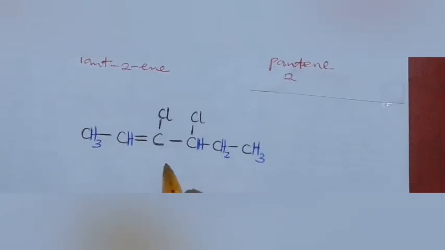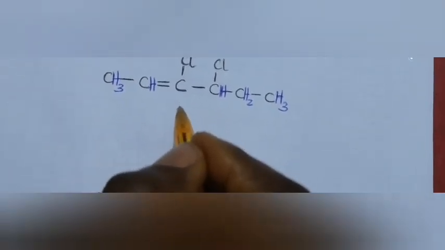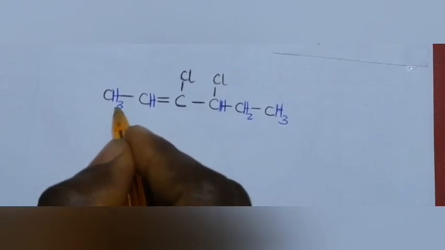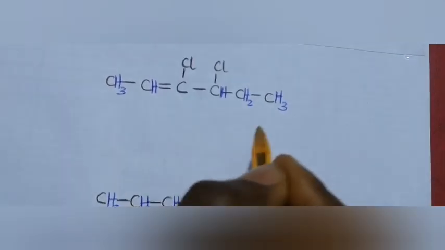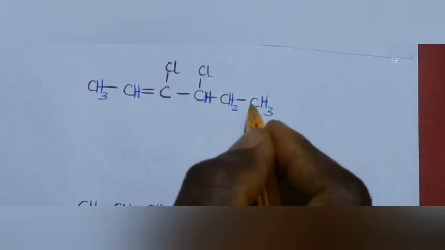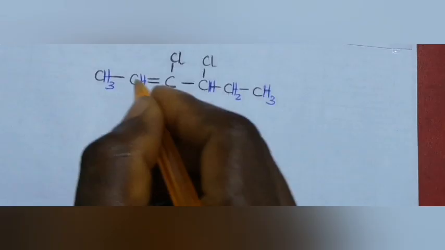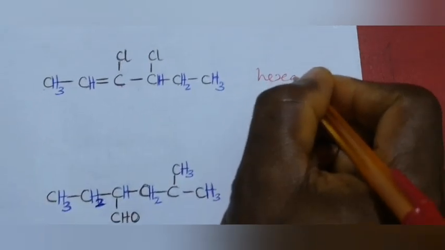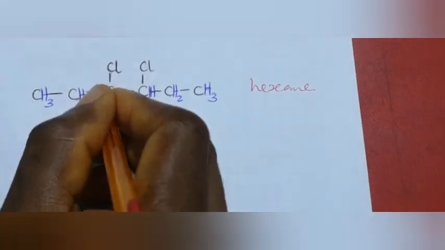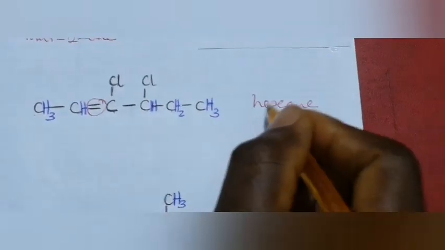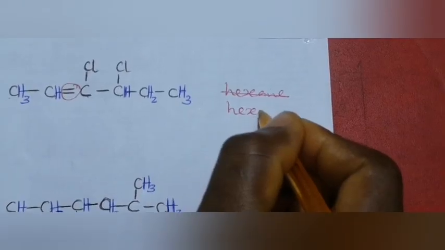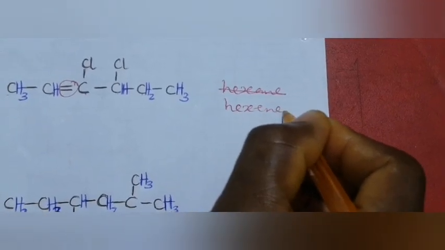Now let's look at how we can name this very compound. Over here we have how many carbon atoms? 1, 2, 3, 4, 5, 6. So this is hexane, but we have a double bond, so it is no longer hexane, it is now hexene.